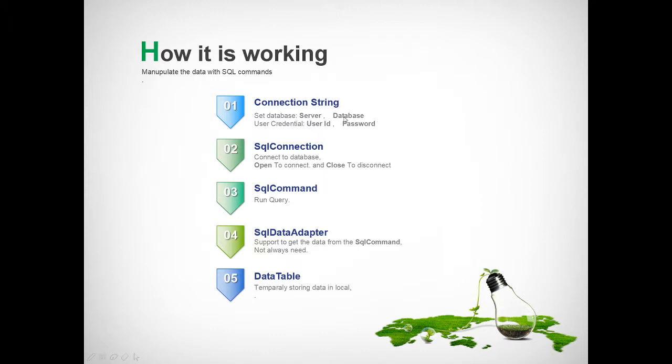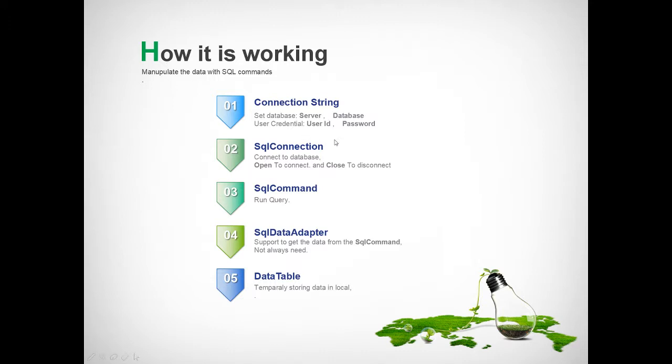The server and the database are needed to know which database to access and where it's located. The server provides the information about which server it is, and the name of the database is needed to select the database.